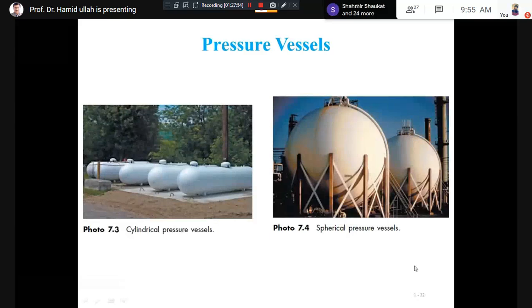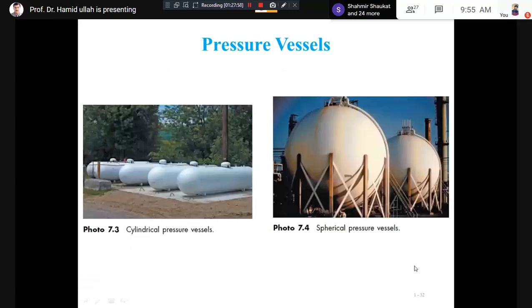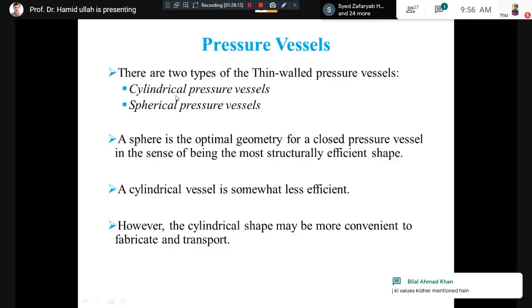You can see in the figure, basically we want to talk about the classification of the types. When we look into the types or categorization of the thin wall pressure vessel, there are two types: cylindrical and the other is called spherical.